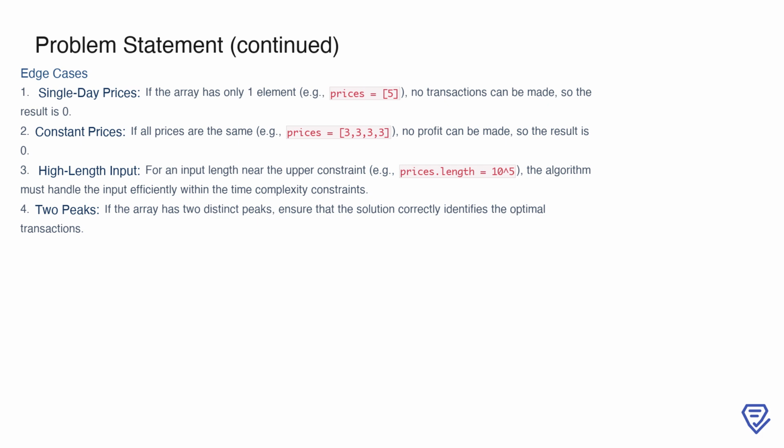Third, for very large inputs, such as when the length of prices approaches the upper limit of 100,000, your algorithm must still perform efficiently within the given constraints. Lastly, in cases where the array has 2 distinct peaks, it's crucial that the solution identifies the optimal transactions to maximize profit. These scenarios highlight the importance of carefully designing your algorithm to handle all possible cases effectively.